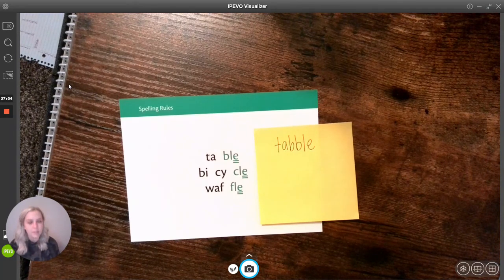What about stable? Stable. Is that a long or short vowel? It's a long vowel. Do we double the consonant? No, we don't double the consonant there. It's stay-bull. In that case, A, the sound A, comes at the end of the syllable. Stay, S-T-A, bull, B-L-E.